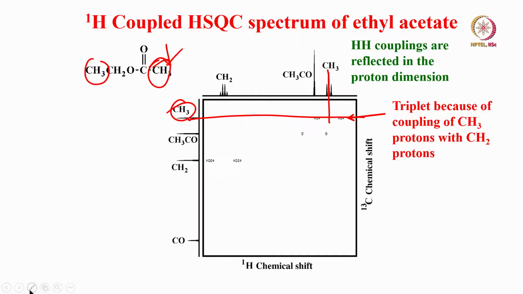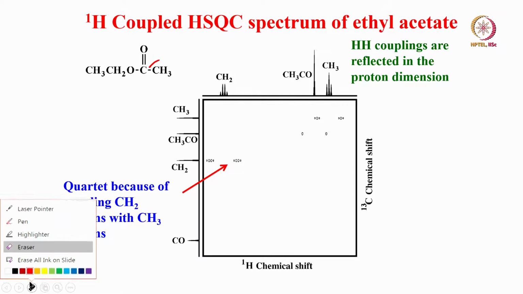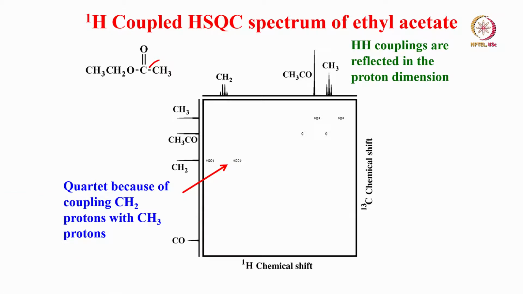Because of that, this CH3, what is happening is, wait, let me erase it. Okay, what I was telling, this is not this CH3, this CH3. This CH3 is coupled to this proton, so it is a triplet. On either side of the satellite, 1 bond coupling is there between this carbon and this CH3, and 2 bond proton coupling makes it a triplet.